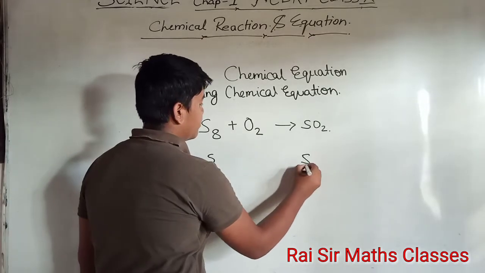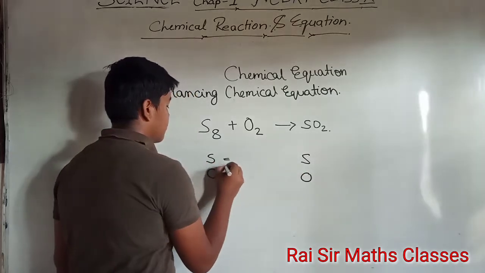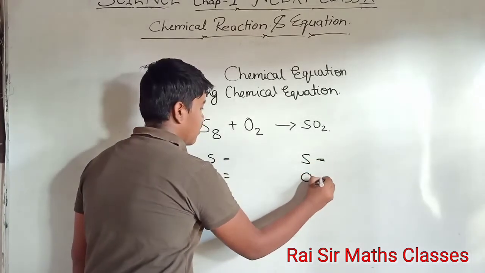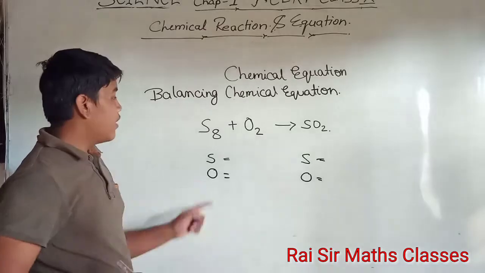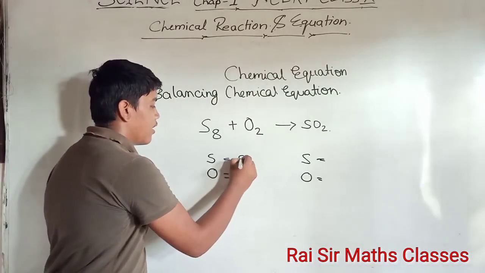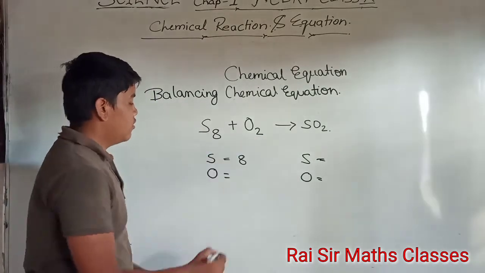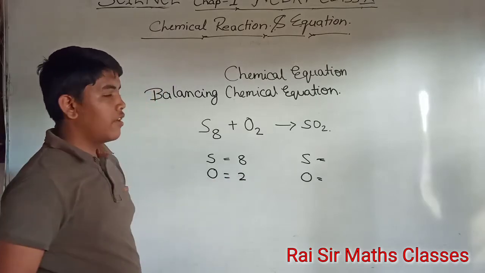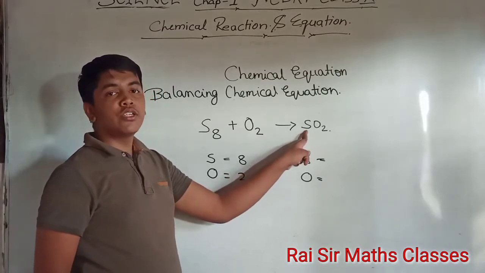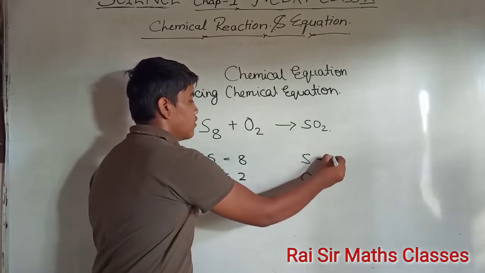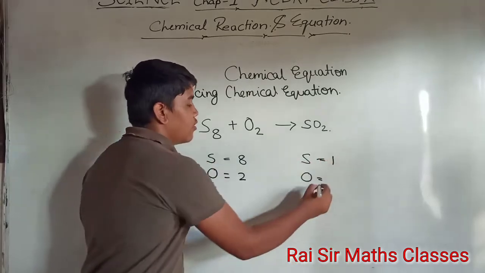Here it is the same. Now sulfur is having 8 atoms, so we write 8 here, and oxygen 2. Here sulfur does not have any number, so it has 1, and oxygen has 2 atoms.